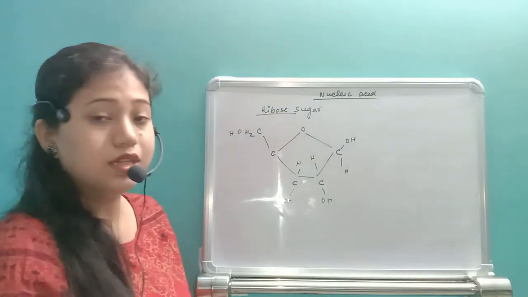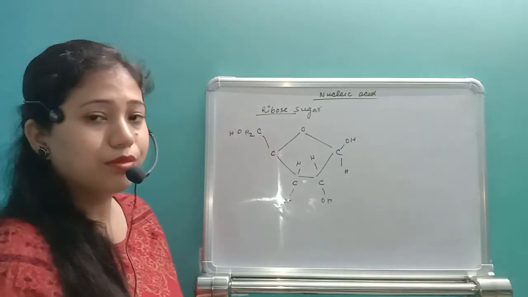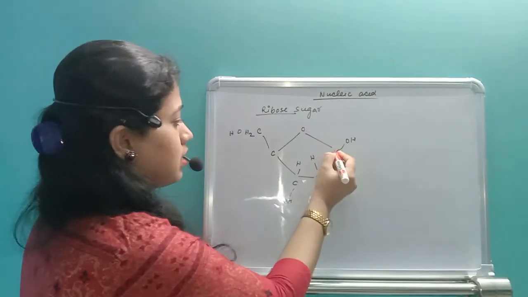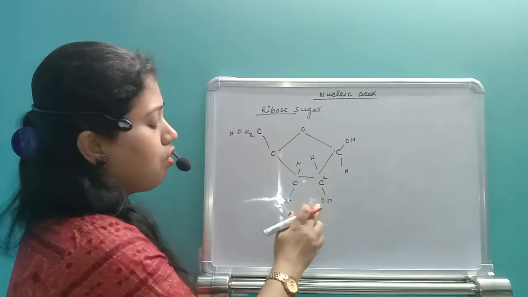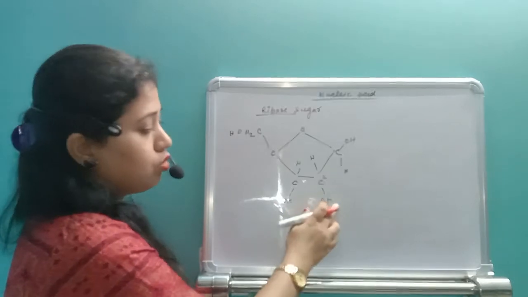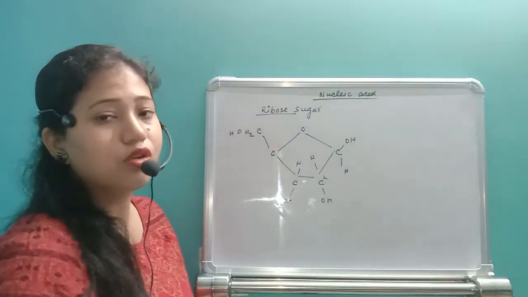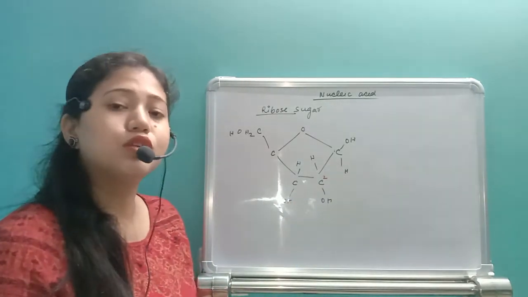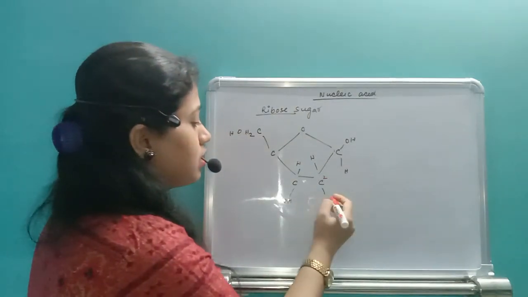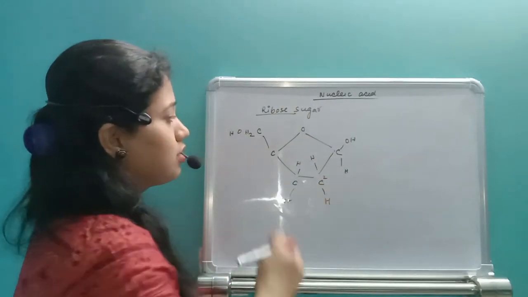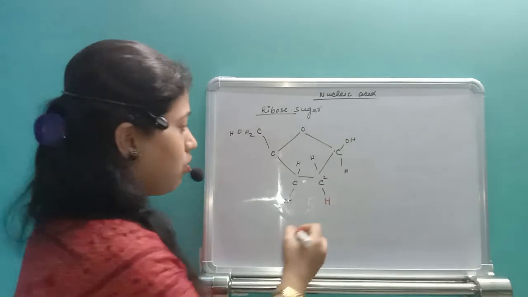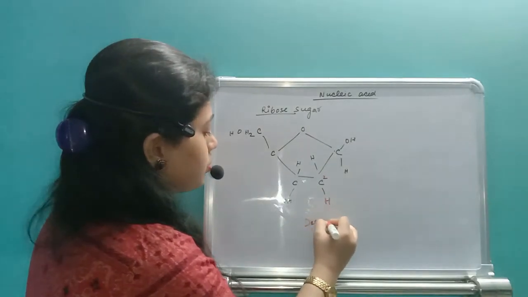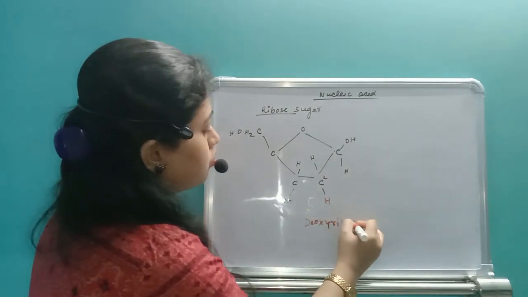But if it is the DNA, the first carbon is this, and in the second carbon what happened? Only one hydrogen is present, not the hydroxyl group. The hydroxyl group is replaced by one single hydrogen. So that's why this will be called the deoxyribose sugar.